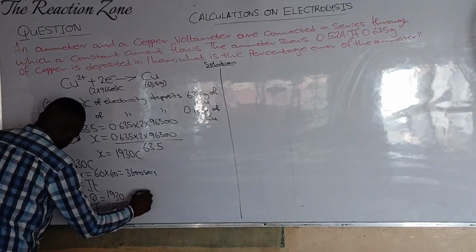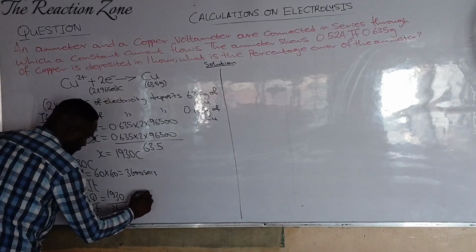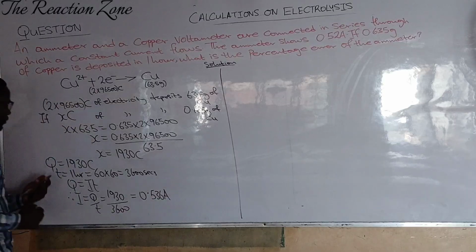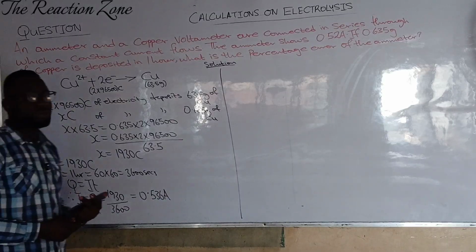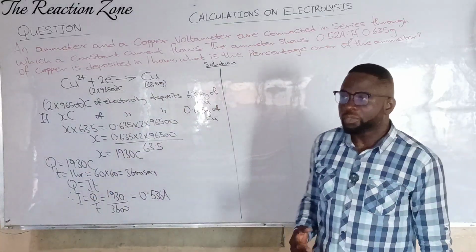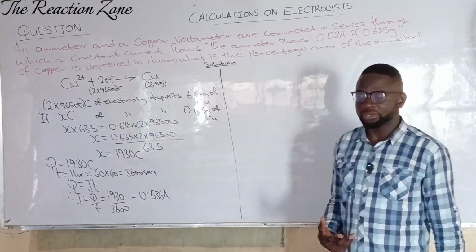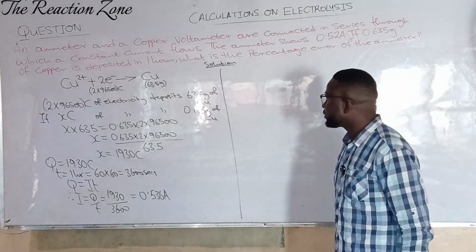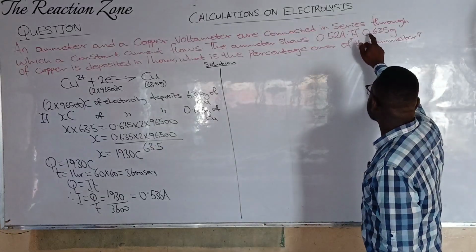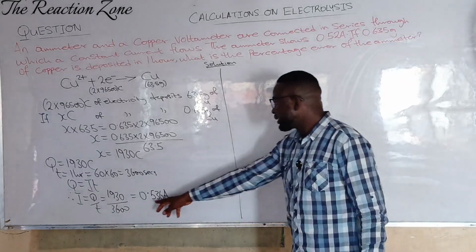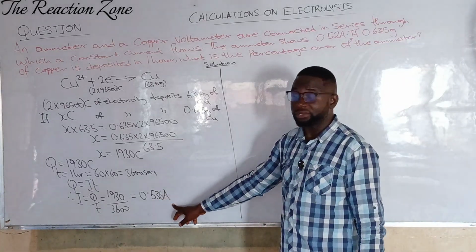And this is going to give 0.536 amperes. So, the true value of current, or the actual value of current that deposits 0.635 grams of copper in 1 hour, is 0.536 amperes.